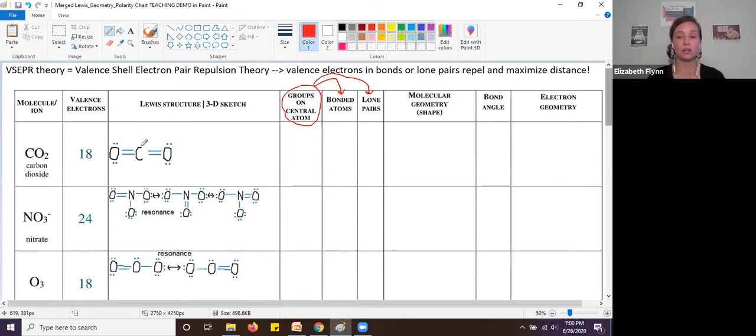There's no lone pairs on that central carbon. So what we can do is actually highlight that one oxygen is a group and another oxygen is a group on that central atom, right? So 2 groups. Of those 2 groups, 2 of them are bonded atoms and there are 0 lone pairs on that central atom.